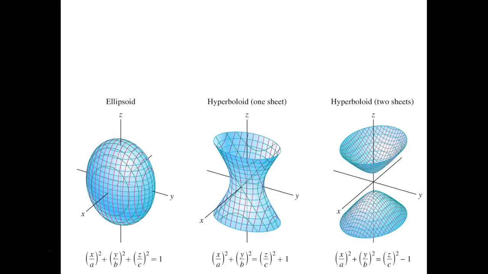Okay? But if you set the y equal to a constant, then you have x squared minus z squared is equal to some constant. That forms, with y a constant, your hyperbola this way. There's one, there's one.